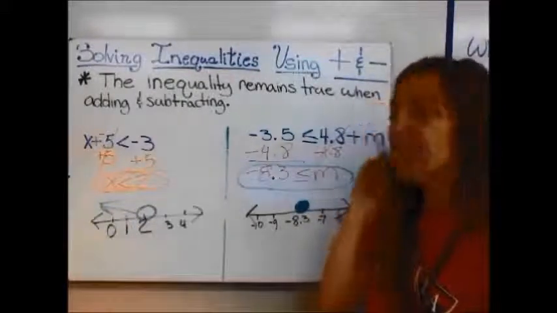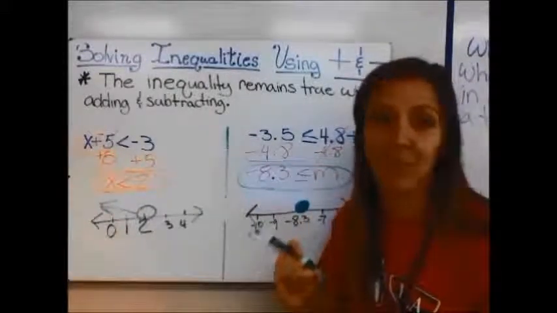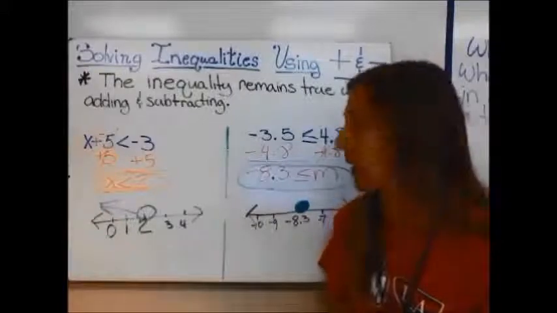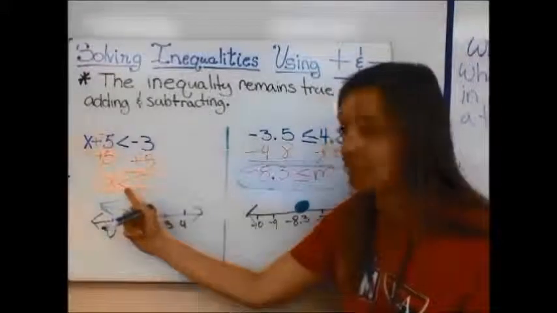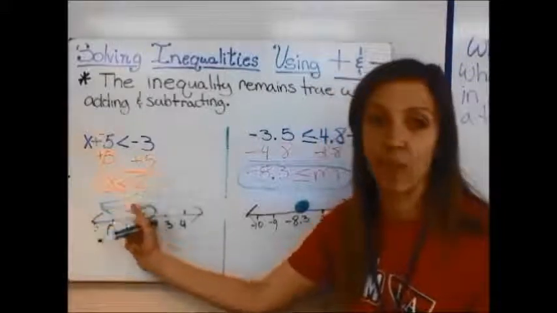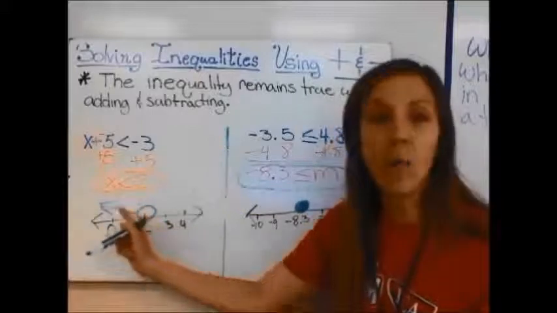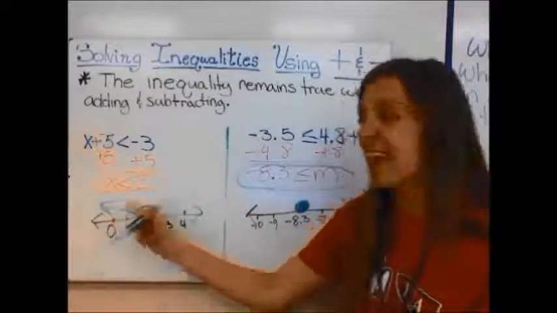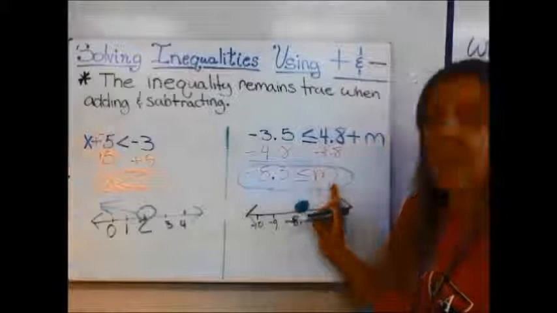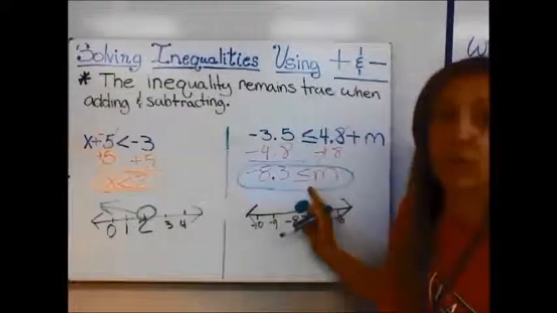Now, you need to pay close attention because this is probably one of the number one mistakes students make when working with inequalities. Right here in this example, this arrow points in the same direction as the inequality symbol because x is less, and I'm always graphing the variable. In this example, m is greater than or equal to.